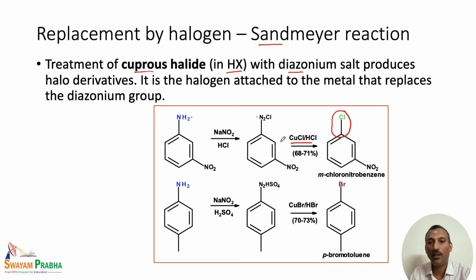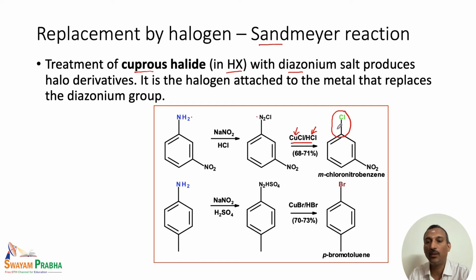Here, the halogen is attached to the metal, and this is the halogen that ends up in the product. That means the chlorine is not coming from the solvent or the acid used, but from the metal salt.